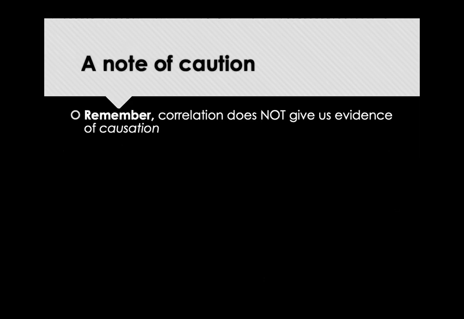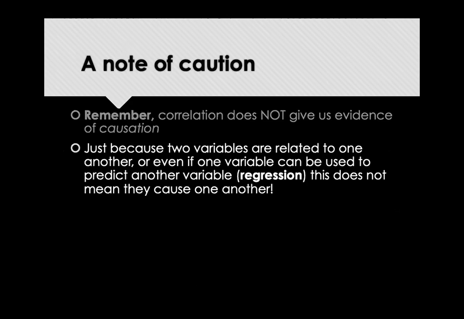Note of caution. Remember, I mentioned before, correlation does not give us evidence of causation. Just because two variables are related to one another, or even if one variable can be used to predict another variable, that does not mean they cause one another.